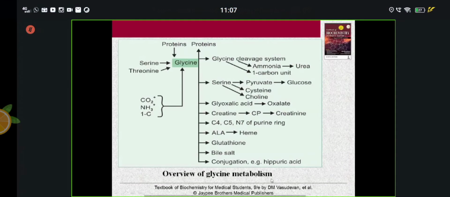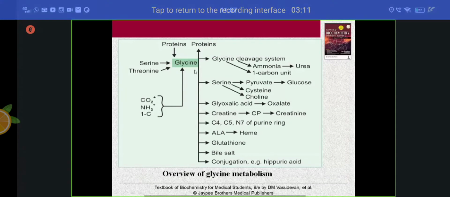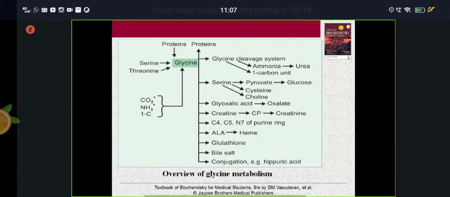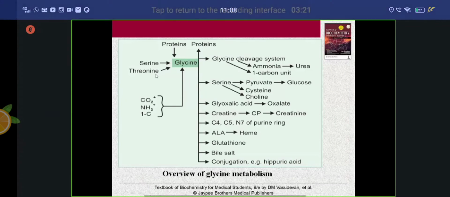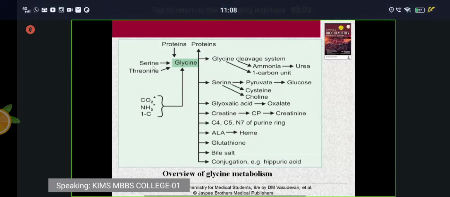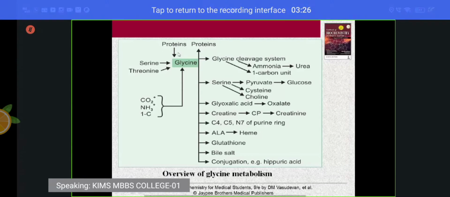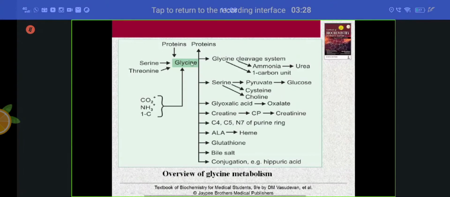So, an overview of glycine metabolism. Here what is to be learned is that glycine is the simplest amino acid which can be synthesized from threonine by threonine aldolase, from serine by serine hydroxymethyl transferase, and when different proteins break down in our body we get glycine.